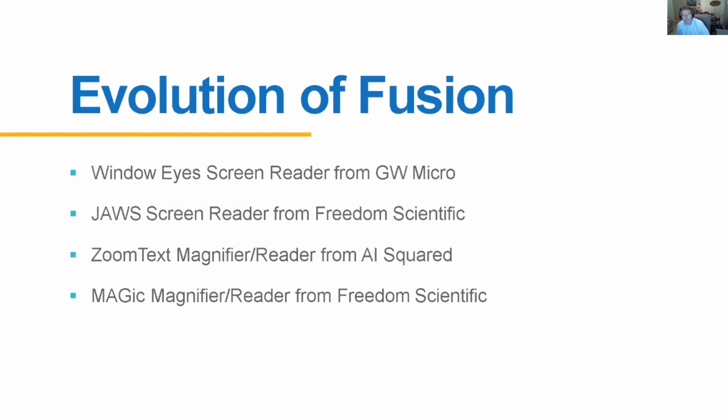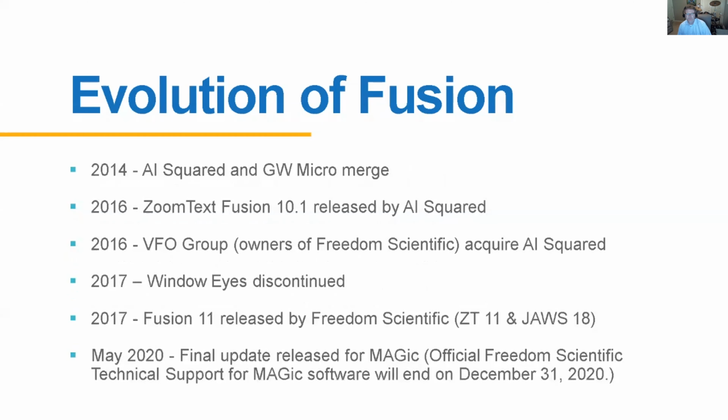The user could transition over to JAWS over a certain amount of time if they had a progressive visual condition. But a lot of folks wanted to run JAWS with ZoomText because they felt that the ZoomText magnification was a little bit better or more clear. But when you ran those together, JAWS and ZoomText, they didn't really play nice together. You could run them together, but it wasn't great.